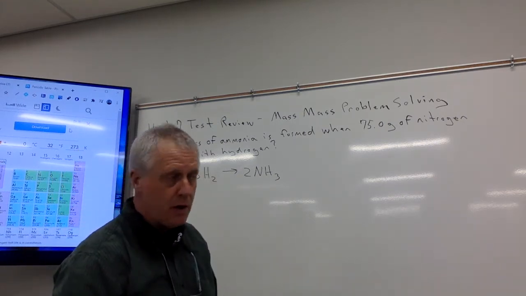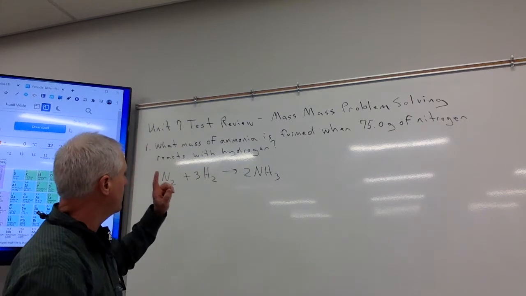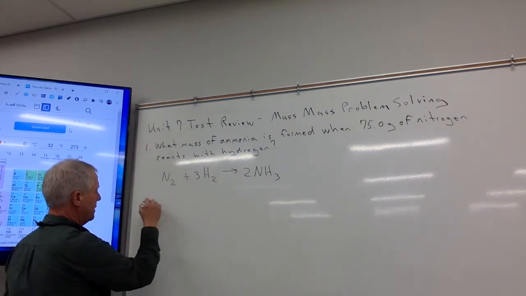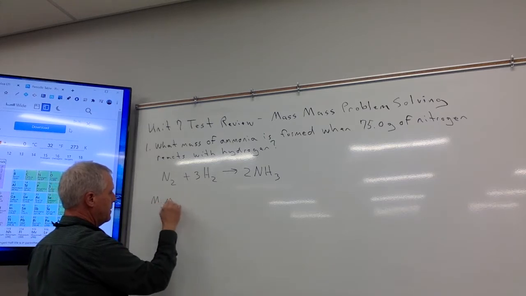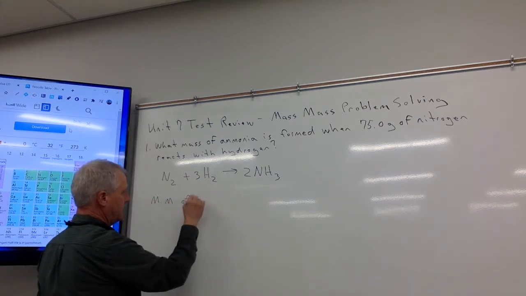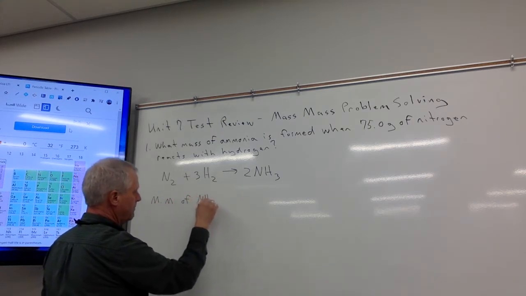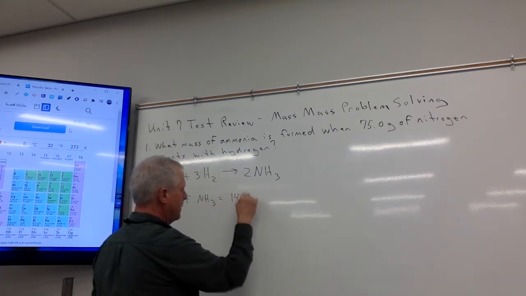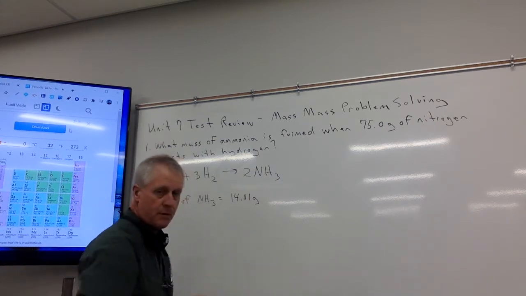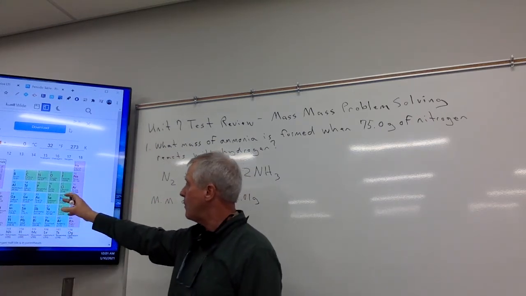Now, we're going to need to know the molar mass of ammonia. So I'm just going to put MM for molar mass. NH3 is going to equal 14.01, and that comes from the periodic table for nitrogen.